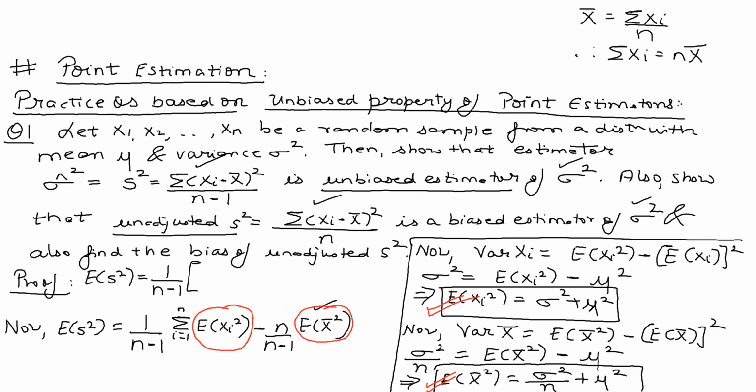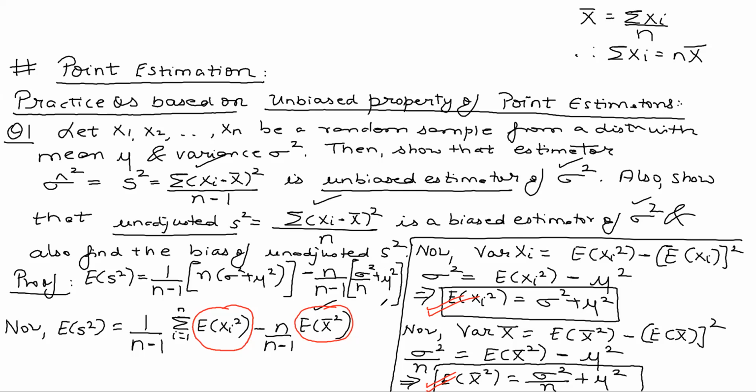If I add it n such times, it becomes n times sigma square plus mu square, minus n upon n minus 1 times expected value of x bar square, which is sigma square by n plus mu square. So all we have done is we have made the substitutions.